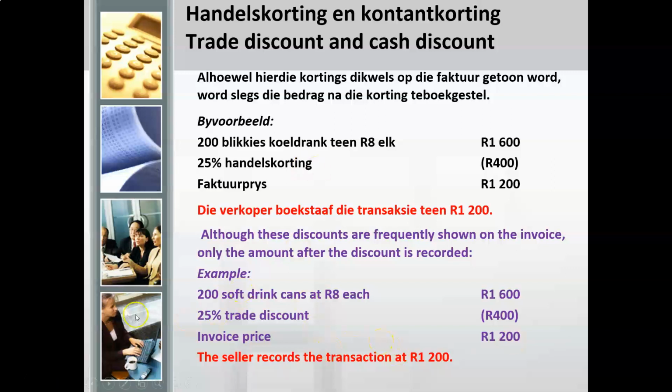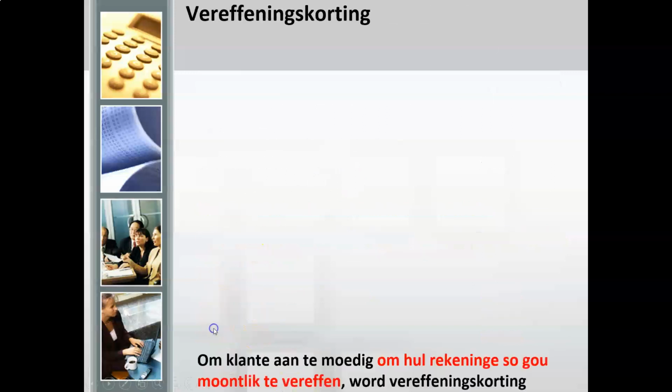If I tell you in a question that the normal selling price or the normal invoice price is X, but that he has negotiated, for argument's sake, a 10% trade discount, then you know that you still have to deduct the trade discount, because normal means that is the normal price that I usually sell that merchandise for. So if he has negotiated a special price, it means that the normal invoice price has not yet been adjusted. So please read your questions very carefully.